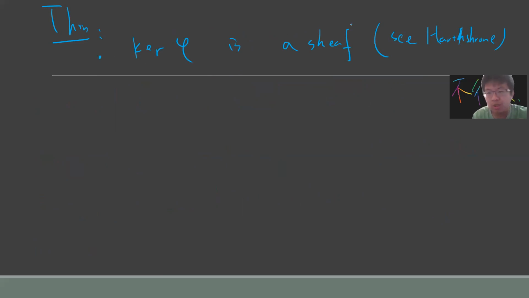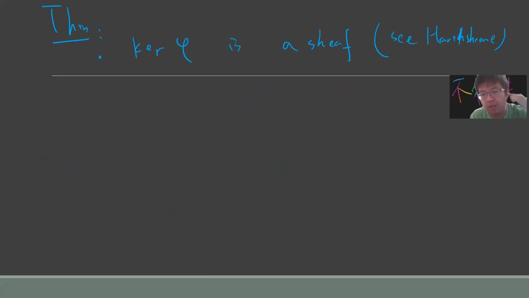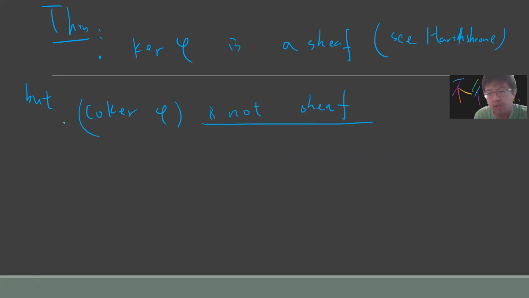If you go through the sheaf axiom, the kernel obviously works out. But the cokernel is not a sheaf. I think many facts in algebraic geometry come from this fact that the cokernel is not a sheaf.